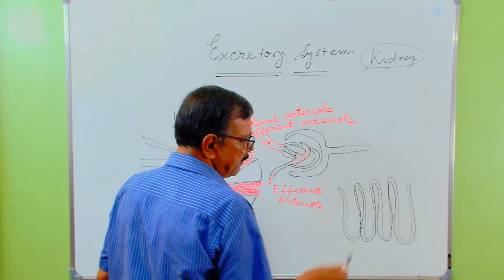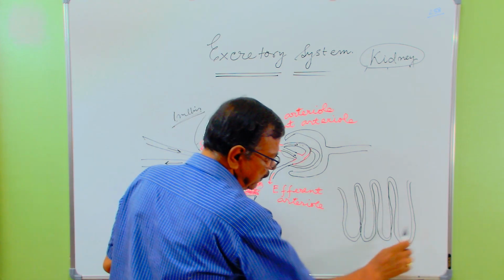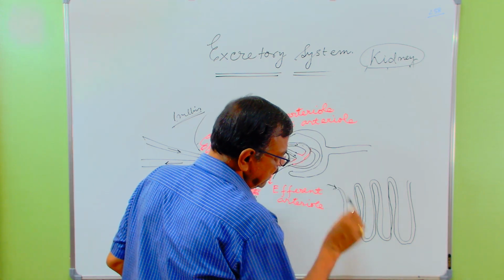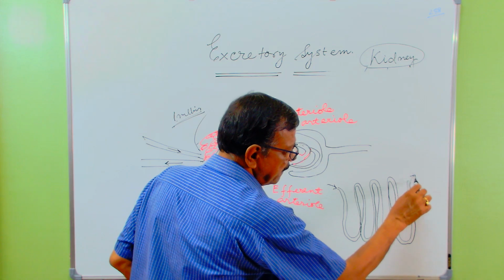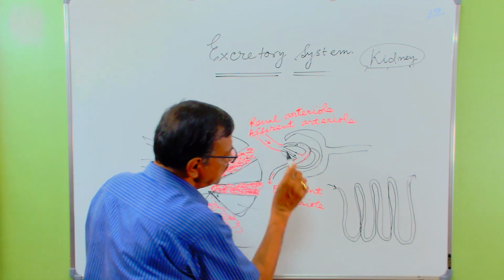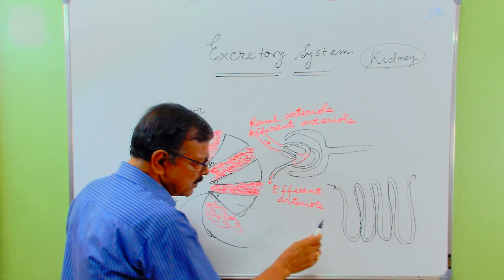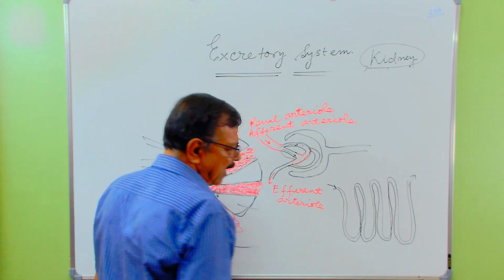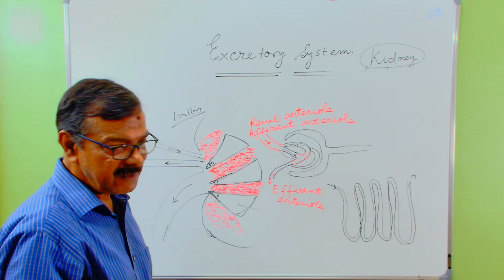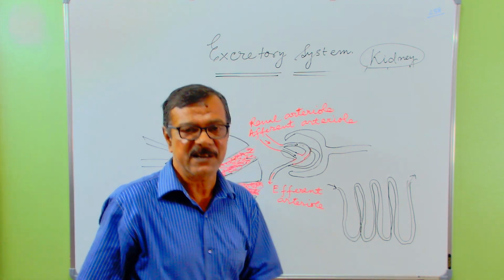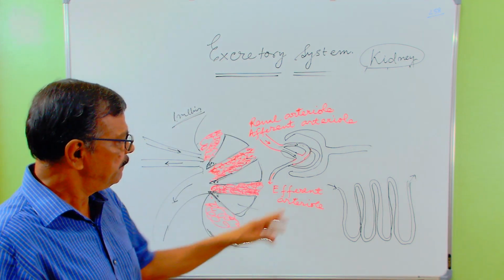These are the glomerular tuft. Here from it comes and here from it goes out. So these loops impregnate the Bowman's capsule. These loops are the main starting site of filtration of the nephron.